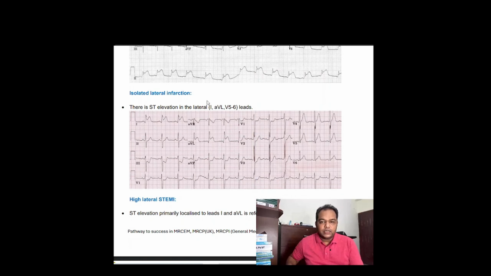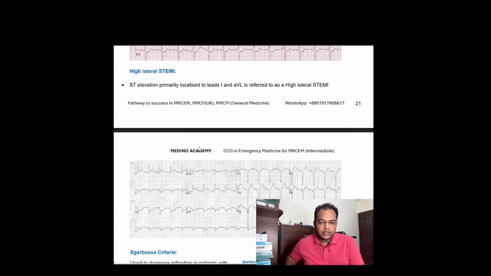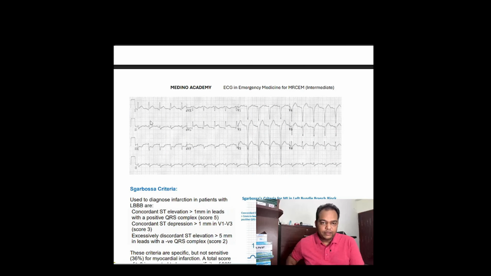Now isolated lateral infarction, that means ST elevation is present only in lead 1, lead AVL, V5 and V6. So this is isolated lateral infarction. High lateral STEMI is represented by ST elevation in lead 1 and lead AVL.